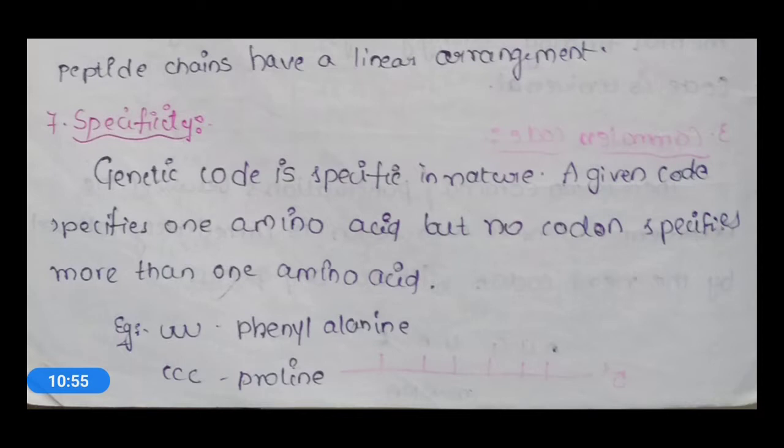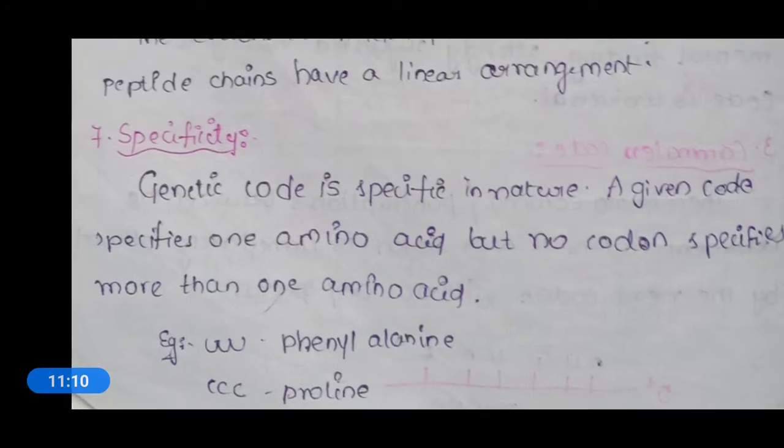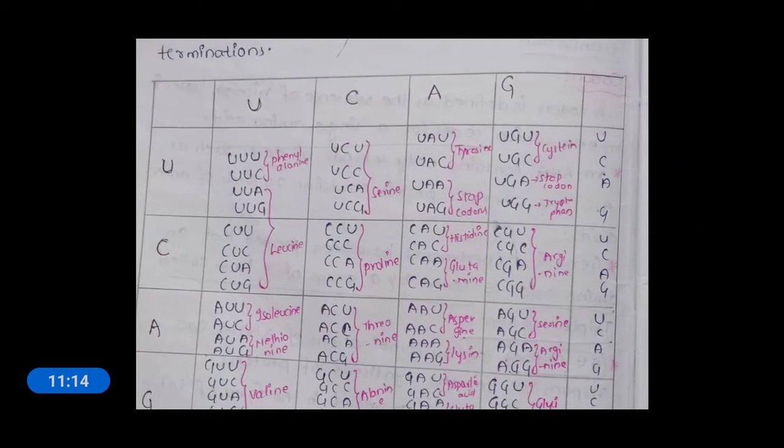But a few amino acids have 2 or 3 codons. That means the codons will be different, but the amino acid will be the same.